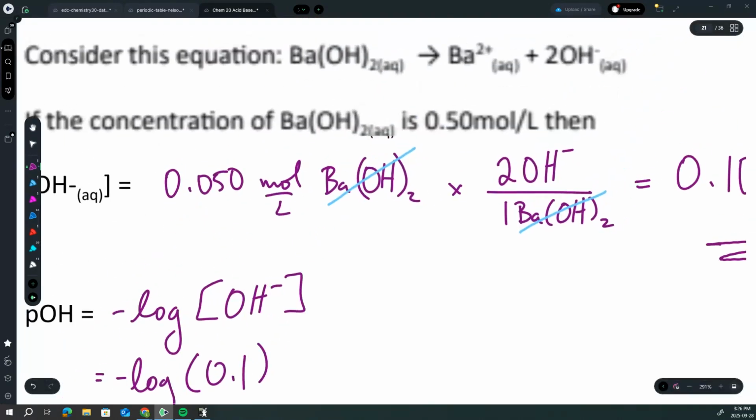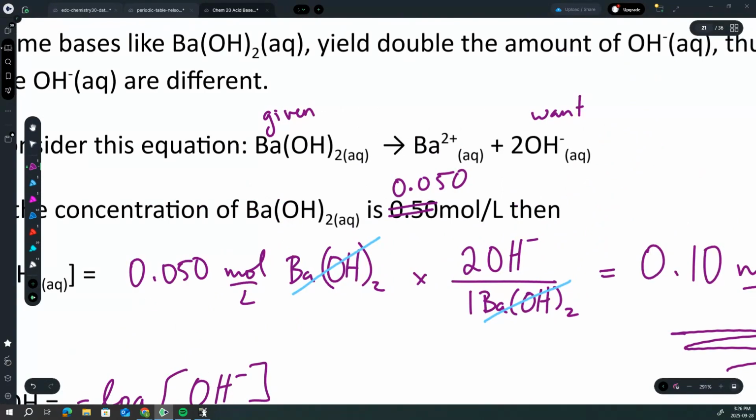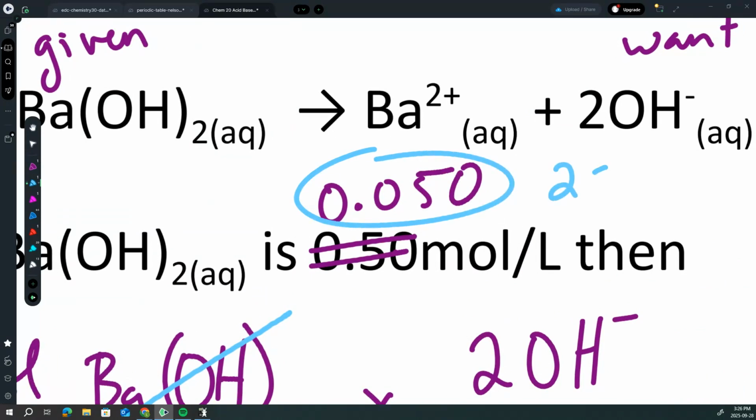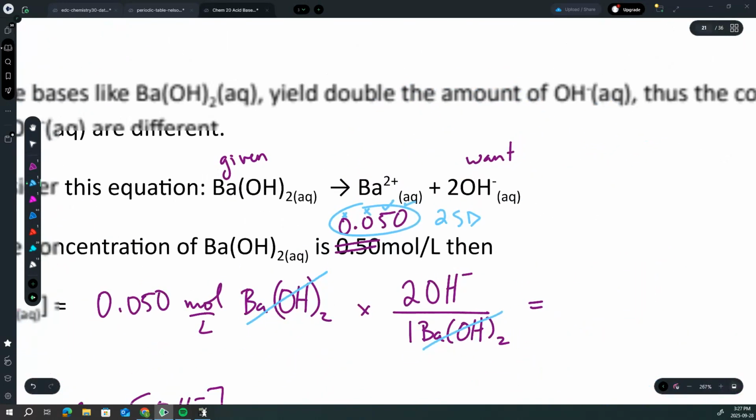Okay, now looking at our question here, this number right here has 2 significant digits because it's concentration, and we got to look at the whole number here. So leading zeros, they're not going to count for significant digits, but any digit that isn't 0 and trailing zeros are going to count for significant digits.